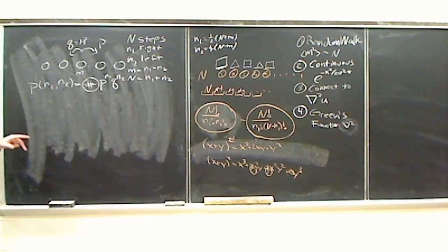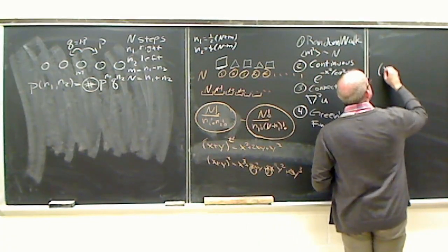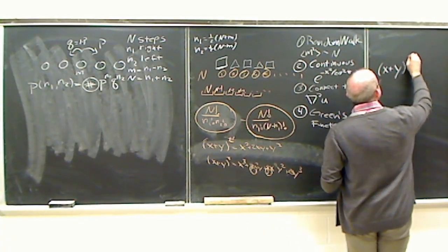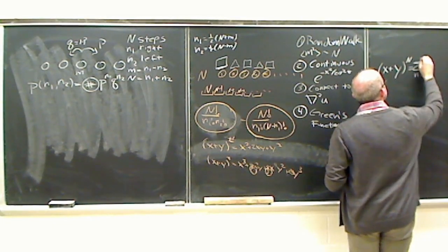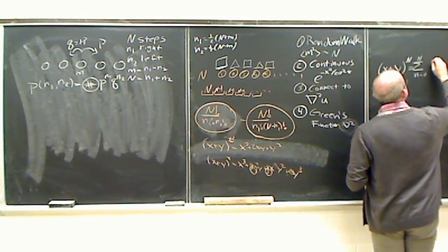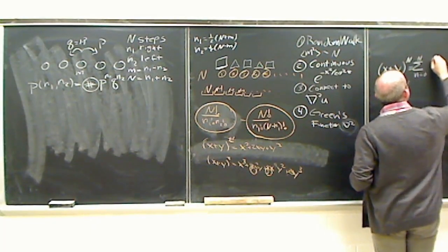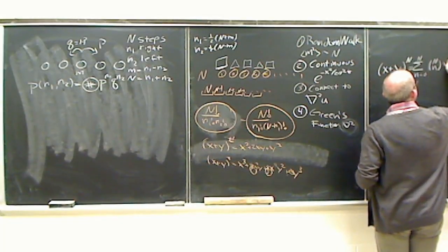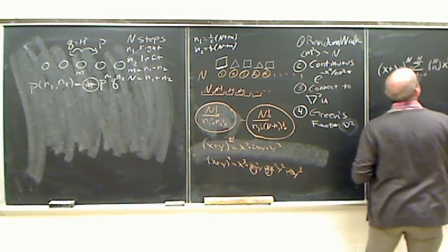But we're going to need the fact that if I have a polynomial, let's write this over here, x plus y to the n, this is the sum over little n equals 0 to big N of this formula, which we call N choose little n, times x to the little n, y to the big N minus little n.